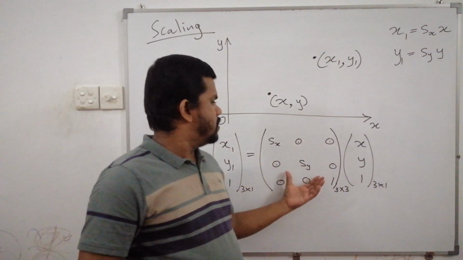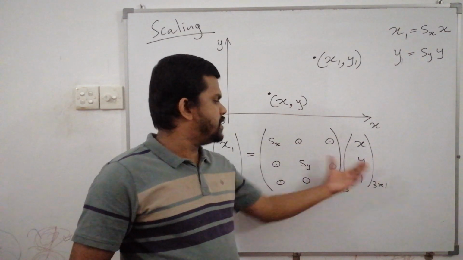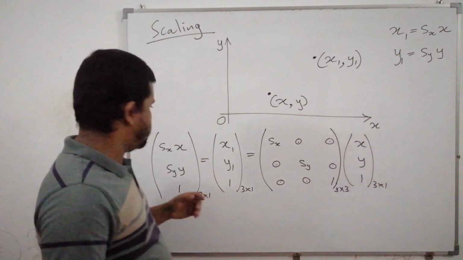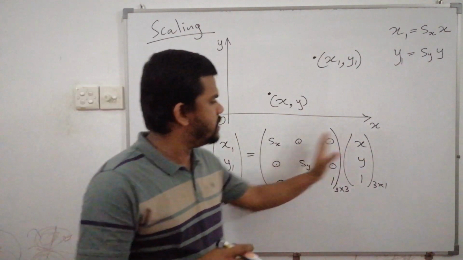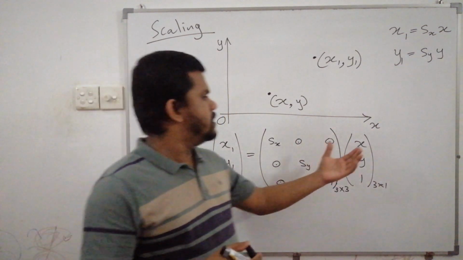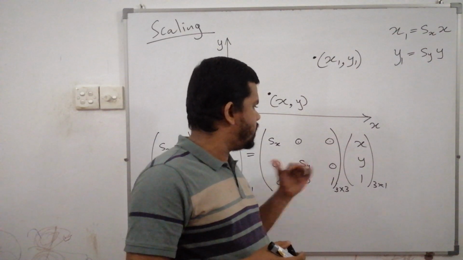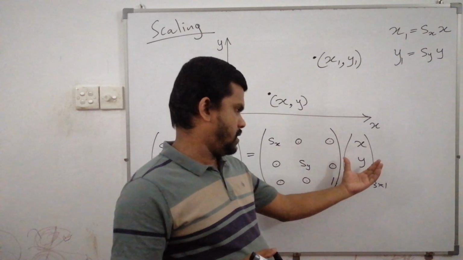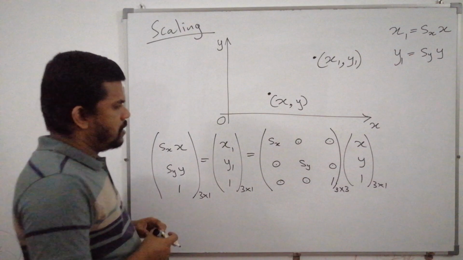Now by multiplying these two matrices, we get this one. In other words, we can use this matrix to transform this matrix to this.